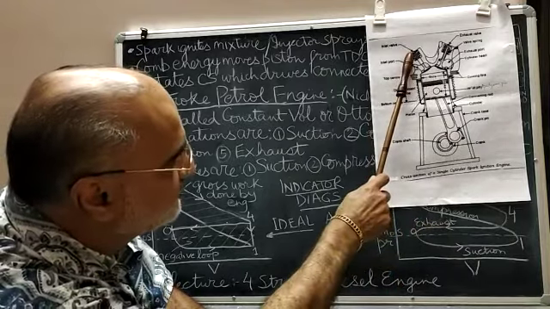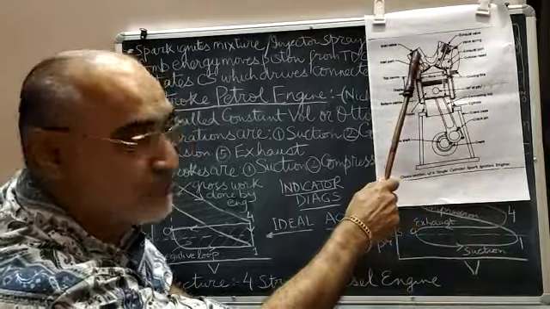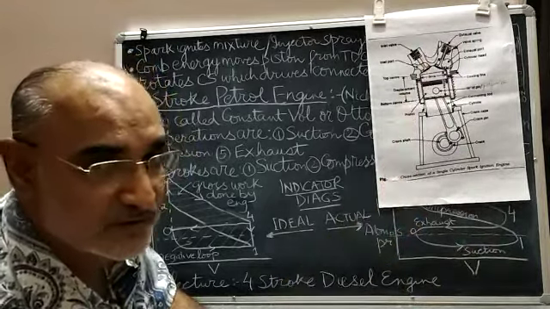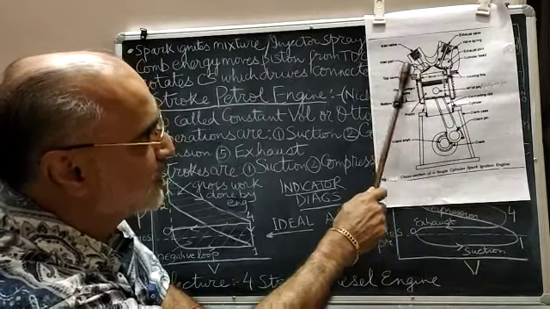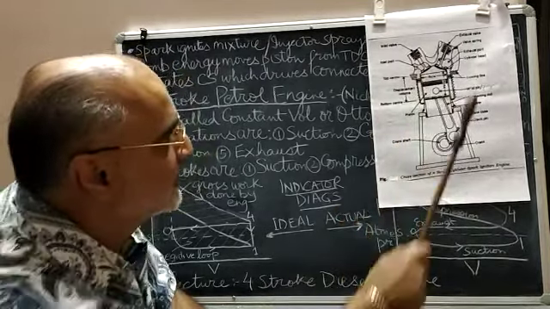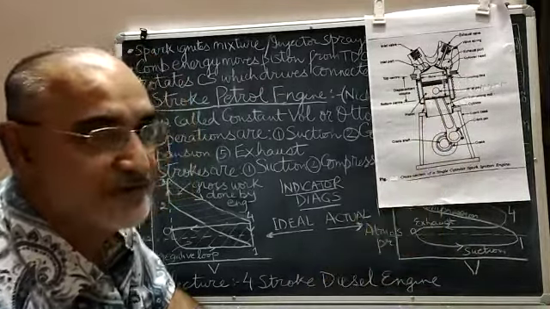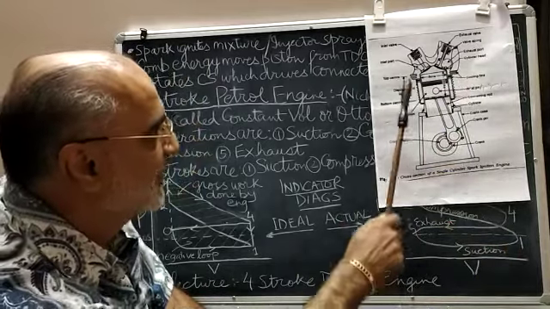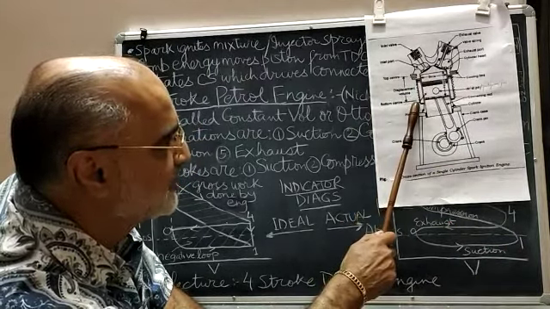The inlet valve, exhaust valve, the valve springs below the valve heads, the inlet port for the charge to come inside the cylinder, and the exhaust port for the burnt gases to be released. As I mentioned earlier, the top dead center of the piston, the bottom dead center.